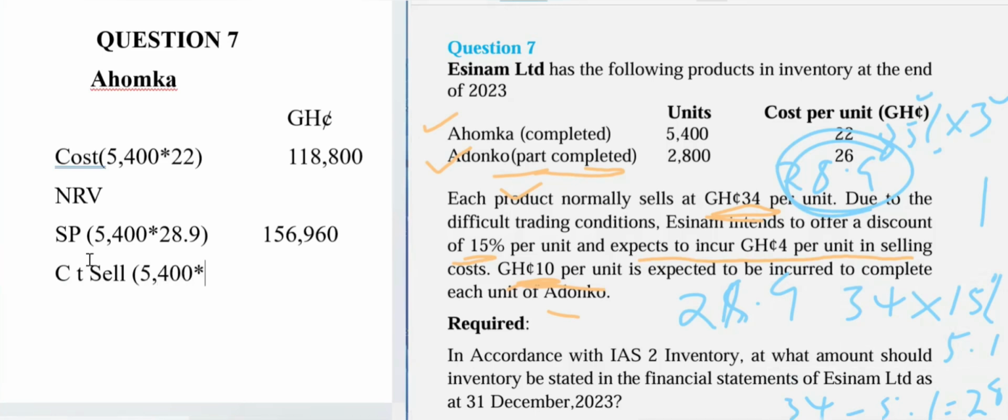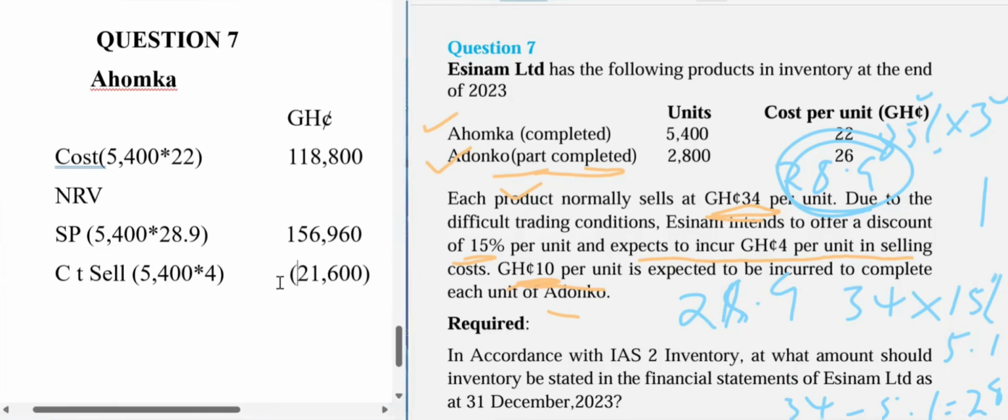If it's not per unit, don't multiply. So that'll be 5,400 by 4 cedis, since the cost to sell is 4 cedis per unit, right? And that gives us 21,600.